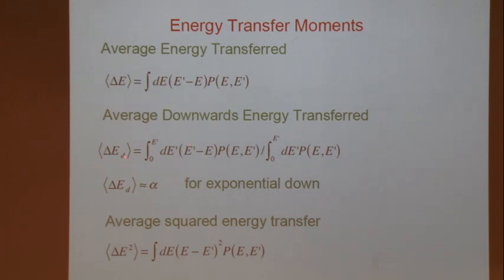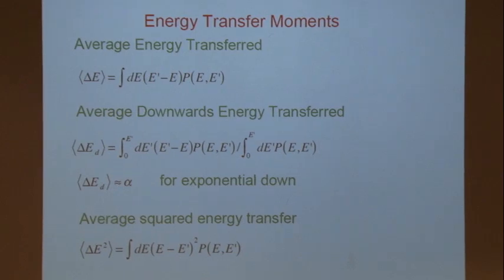And so that doesn't count the ones that go upwards. Because remember, the collisions can knock the molecule to a higher energy state or a lower energy state. Mostly it's downwards. And if you just compute the average this way, the average probability of knocking energy downwards, it turns out that this average number is approximately the same as alpha for an exponential down model. And so this is the number that people report a lot of times, is delta E down.